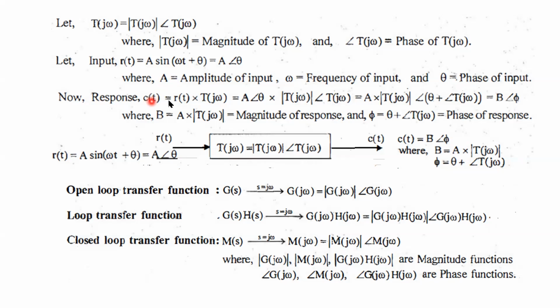Then c of t will be equal to input into the transfer function T of j omega. What is transfer function? Transfer function is output by input. So the output is input into the transfer function. The input is A at an angle theta, into the transfer function; you have to substitute this here.